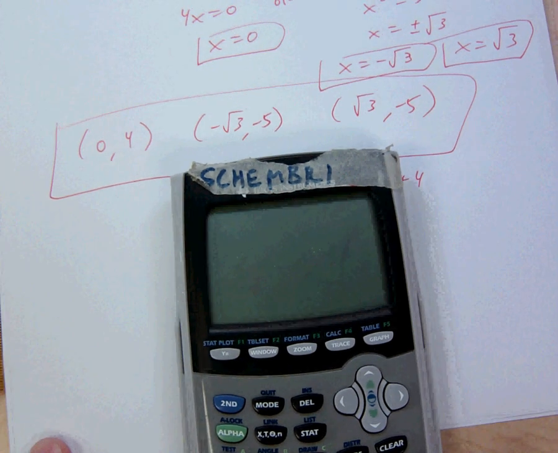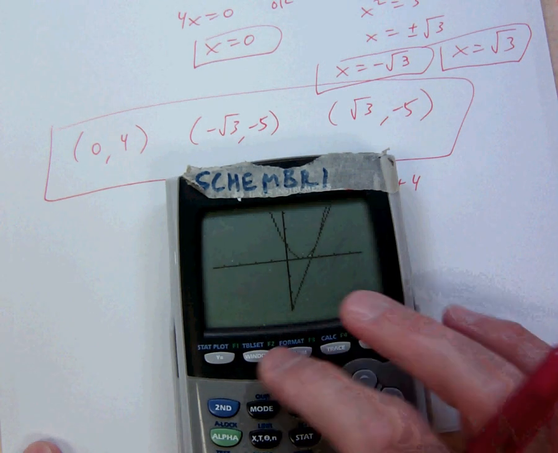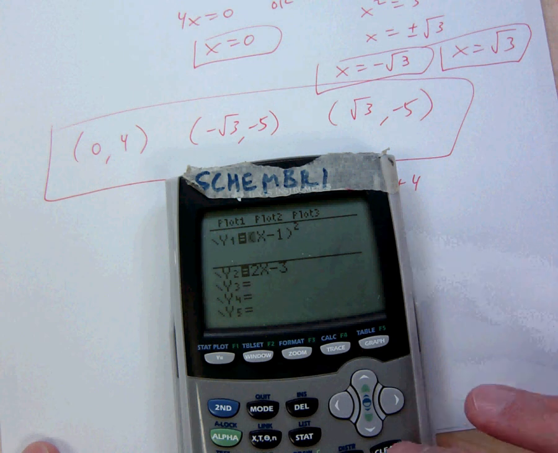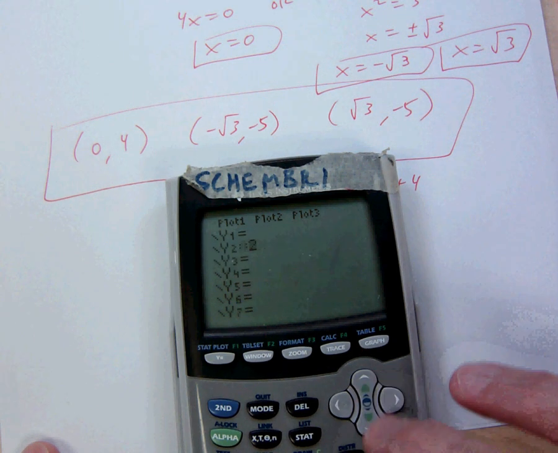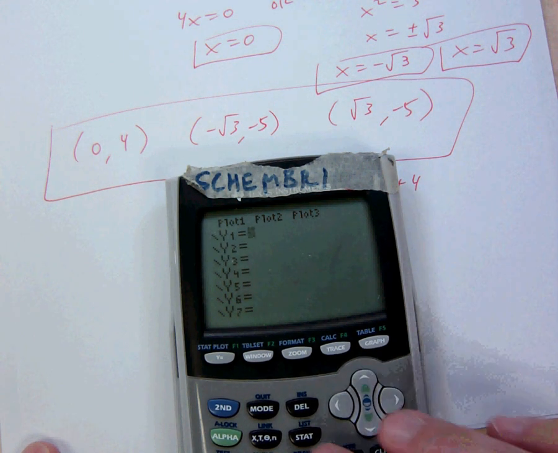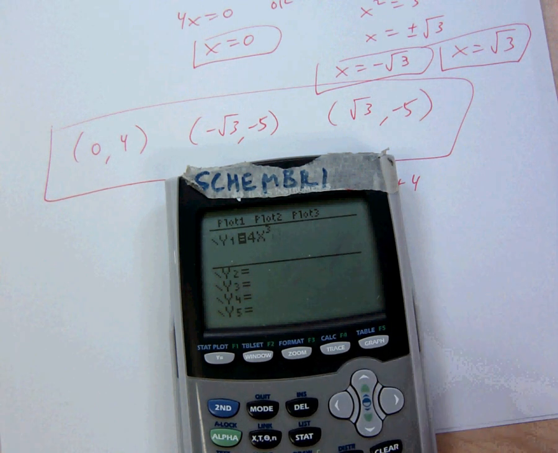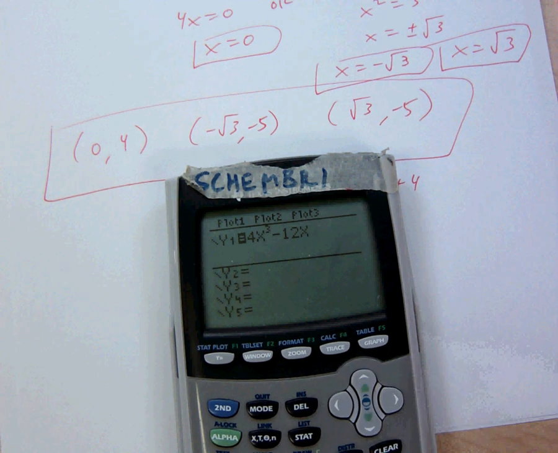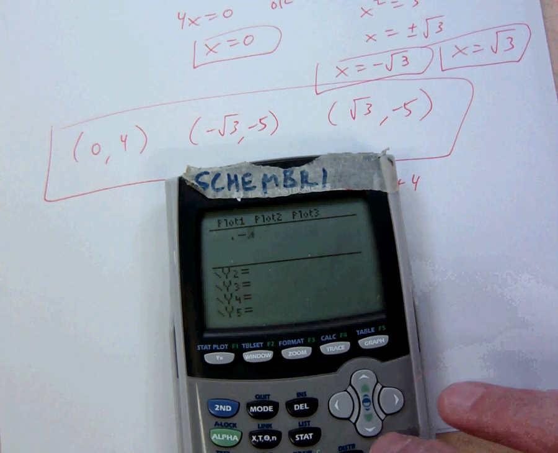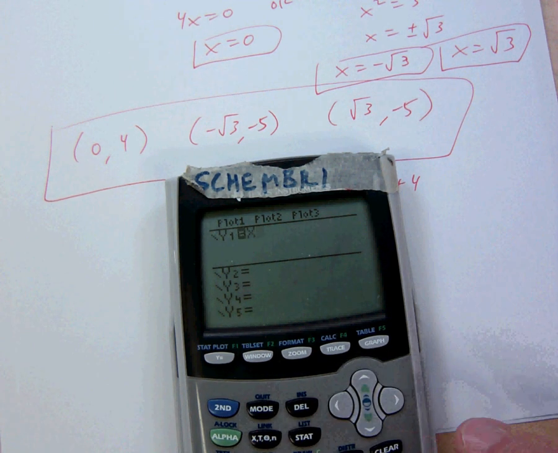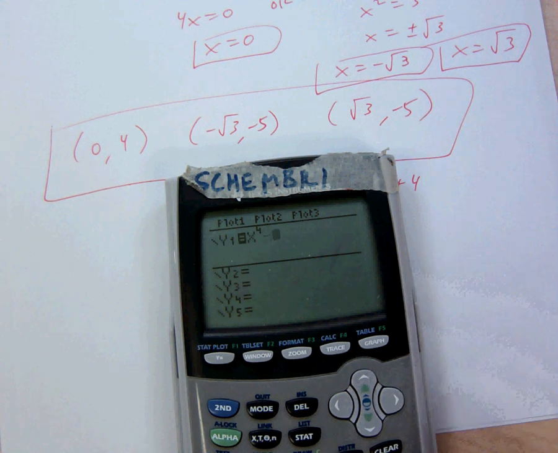So what I'm saying is, if I graph the original function, oh, that's a derivative. I don't want to do that. I'm going to graph the original function, right? Sorry about that. So here's the original function.